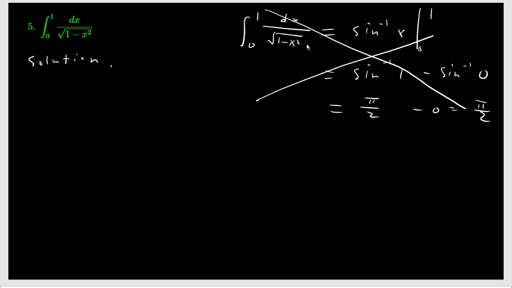This is actually an improper integral. The integrand is undefined at 1. 1 will make the denominator 0. So the function is not continuous on the closed interval from 0 to 1. So this is not the right way to do the question.